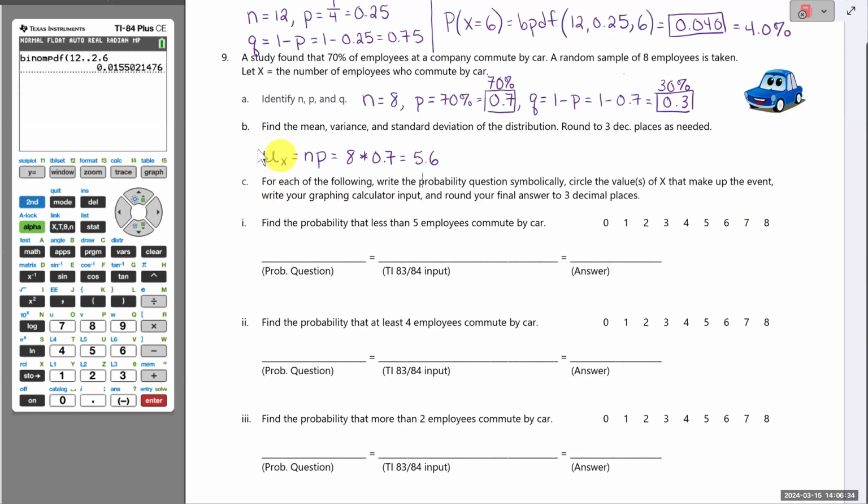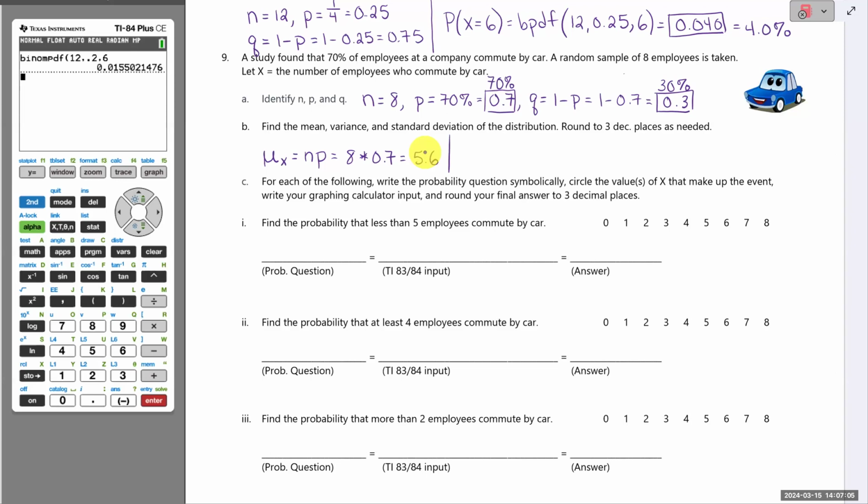So this mean is representing if you took these 8 employees and then another sample of 8 employees and another sample of 8 employees, and you continue to do that, what we would find is that on average, it would average out to 5.6 in 8 employees. So the answer for an individual value of X cannot be a decimal. These are employees, but again, it represents an average. So 5.6 employees is good.